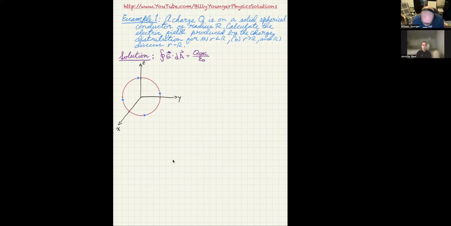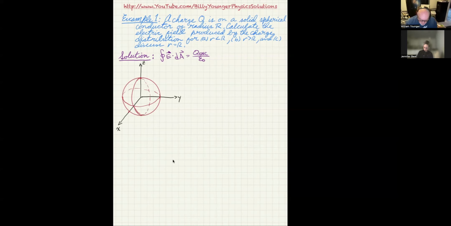So now that is a sphere of radius big R. And the total charge, by the way, is Q. And I can draw this just to remind everybody that it's not a circle. It's a sphere, and I can draw this the same way, to remind everybody that it is a sphere.